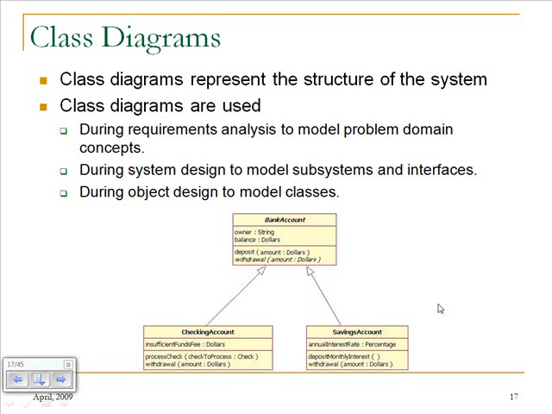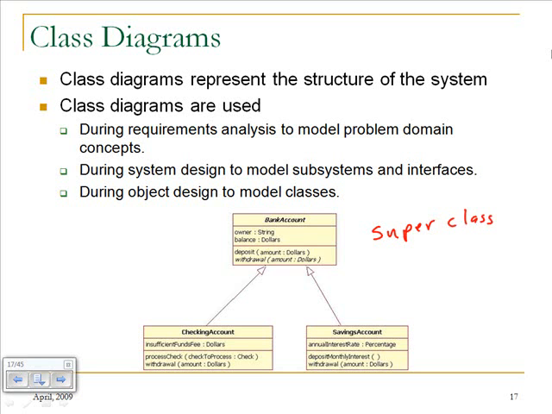So here's another example of a class diagram. Again, I'm going back to bank account. Bank account, according to the representation here, you can say that this is a superclass.